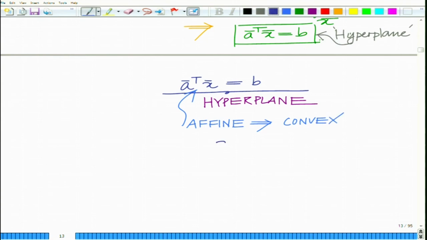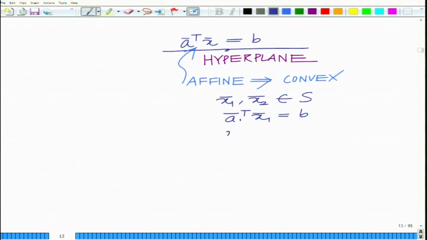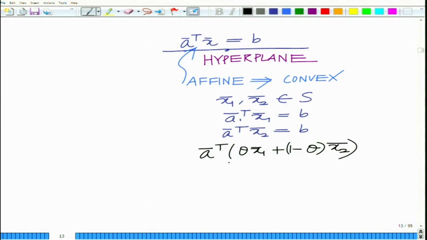For instance, you can quickly verify this: if x1 bar, x2 bar belong to this set S, that is, a bar transpose x1 bar equals b and a bar transpose x2 bar equals b. Now consider theta times x1 bar plus 1 minus theta times x2 bar.